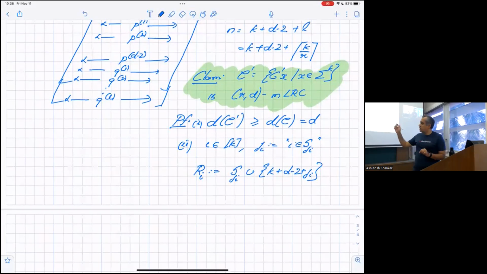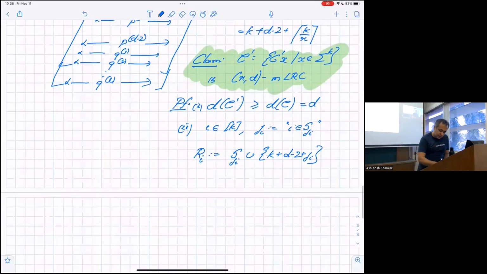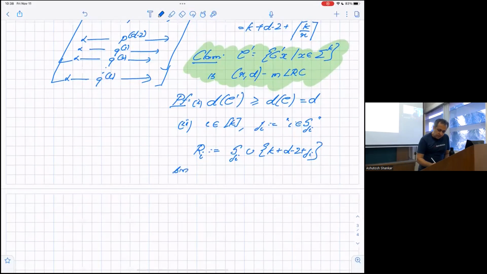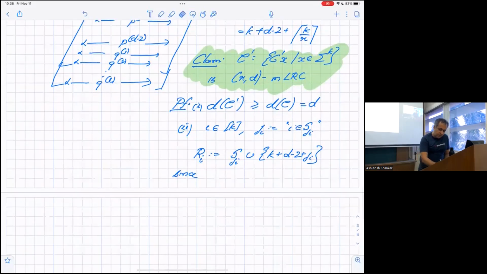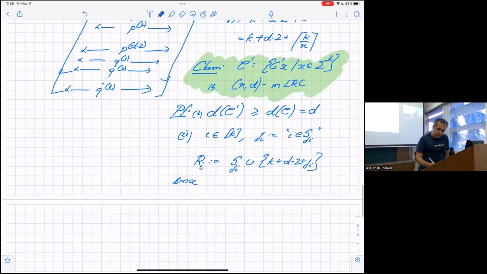Since the support of Q_{J_i} is exactly equal to S_{J_i}, and here I'm crucially using that, that's the definition.